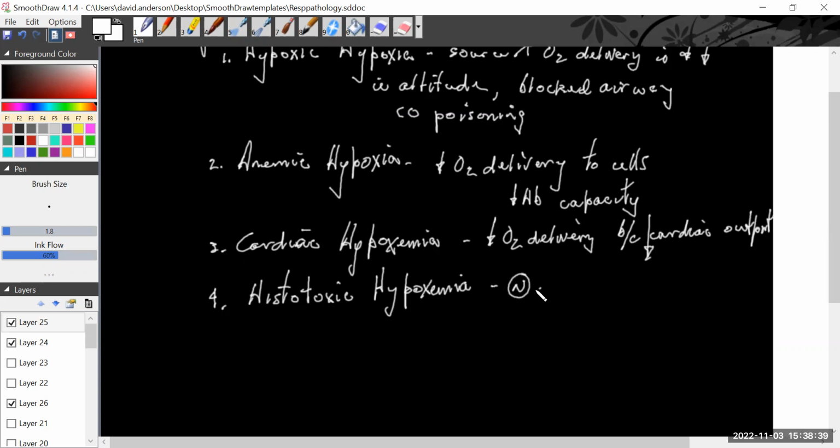So normal delivery. In the ones above, we had abnormal delivery. Either we didn't deliver it properly because of the source, up in number 1, because of hemoglobin issues in number 2, and because of heart issues in number 3. But in histotoxic, we got normal delivery, but abnormal utilization.